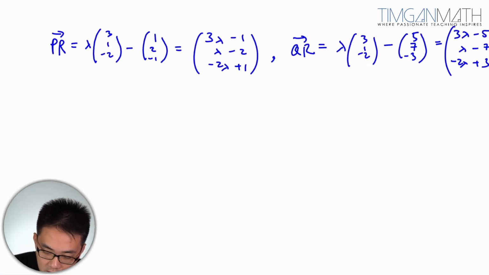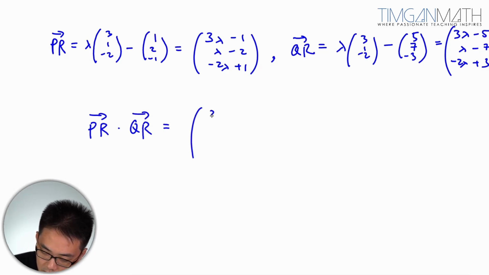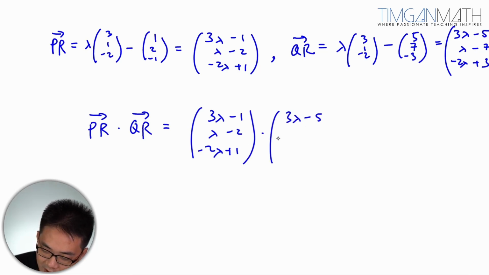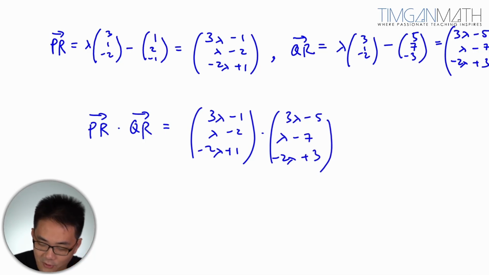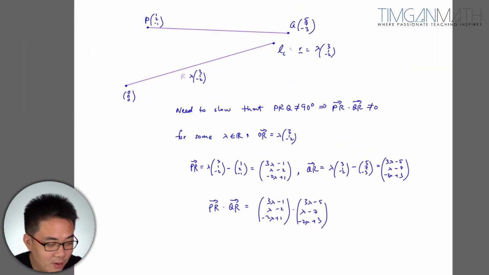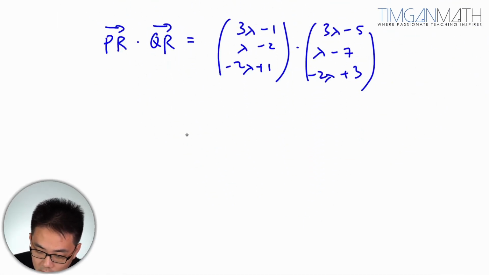So what we can do is just find PR dot with QR, which equals (3 lambda minus 1, lambda minus 2, negative 2 lambda plus 1) dot with (3 lambda minus 5, lambda minus 7, minus 2 lambda plus 3). Okay, before I proceed, let me check my working. So it's okay. I'm just going to proceed to dot them.